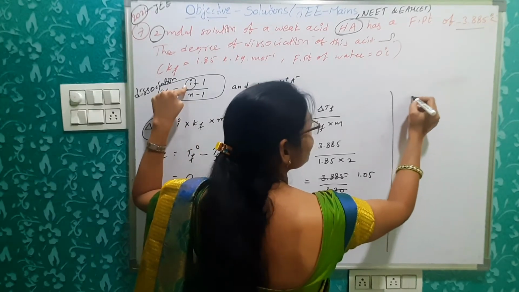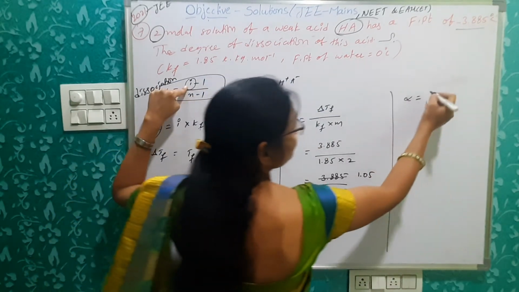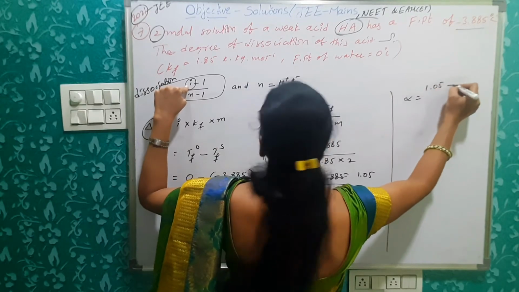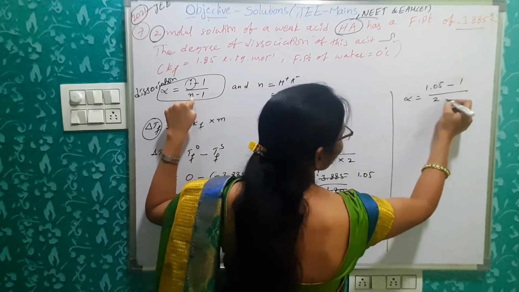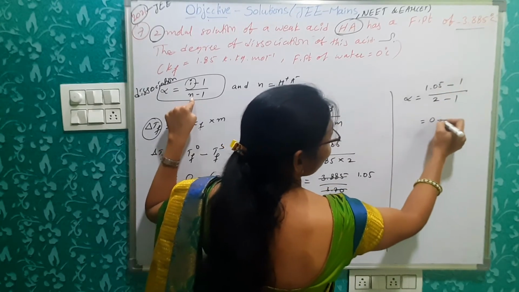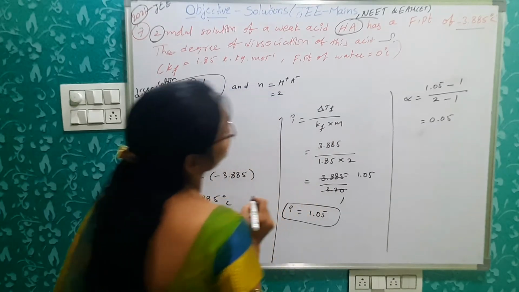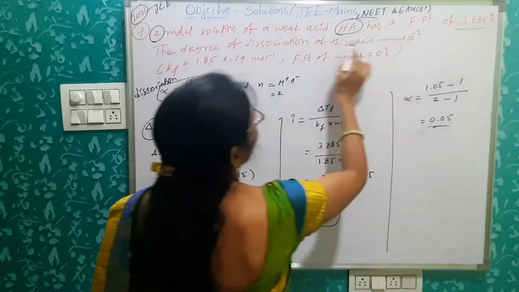Degree of dissociation alpha is equal to (i minus 1) by (n minus 1). The i value is 1.05, so 1.05 minus 1, by n value 2 minus 1, which is 1. So 0.05. Alpha is calculated as 0.05.